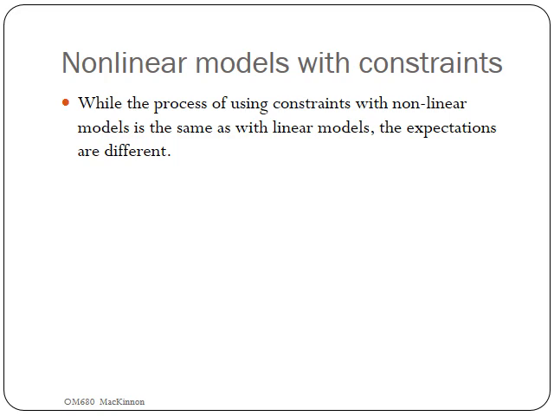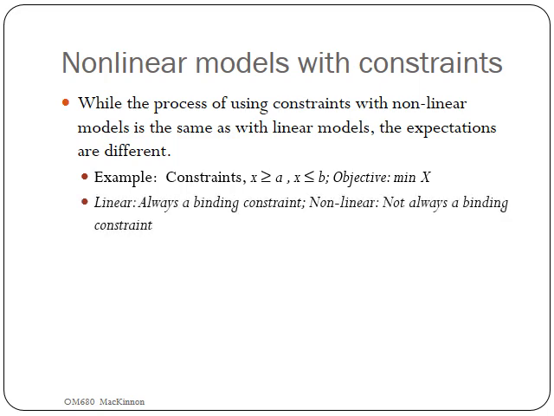So the process of using constraints is the same with nonlinear models as with linear models, but the expectations are a little bit different. For example, if we say X is greater than or equal to A, X is less than or equal to B, and the objective is to minimize X. With linear programs, there's always going to be a binding constraint, because it's a line.